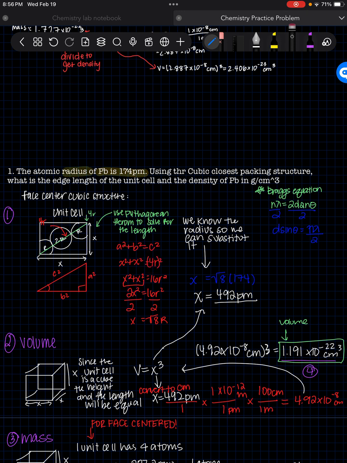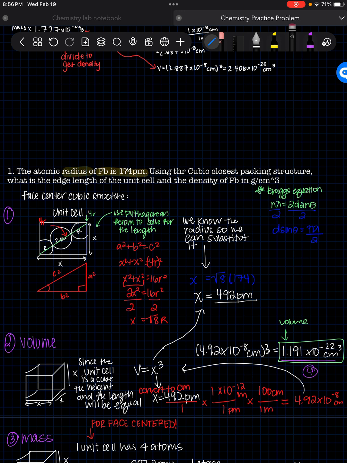Now to solve for this, you do basic algebra, which is x squared plus x squared is equal to 2x squared. And then you know that 4r squared is 16r squared. Then what you're going to do is divide both sides by 2.